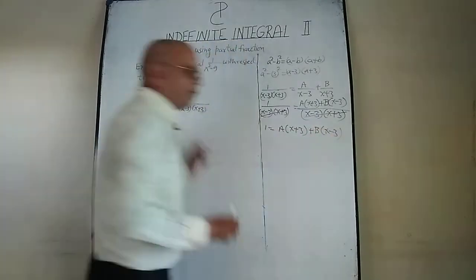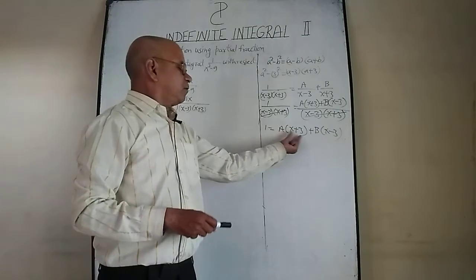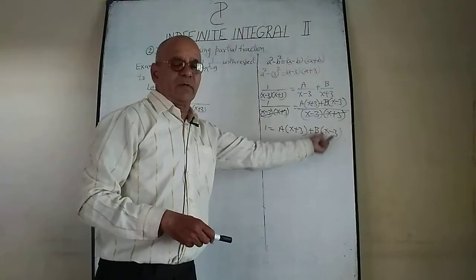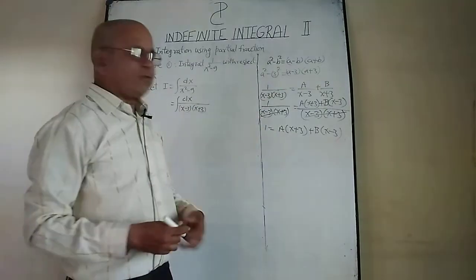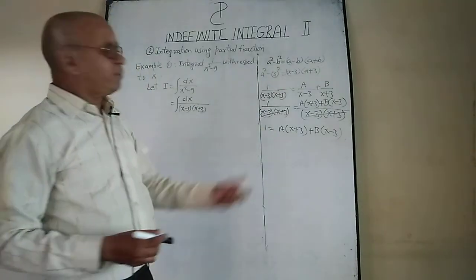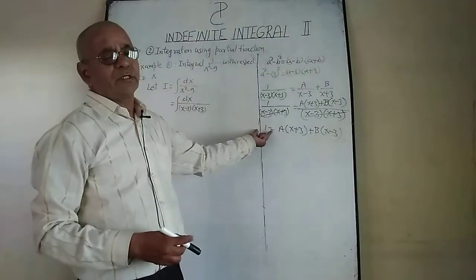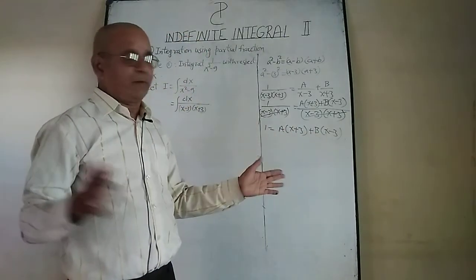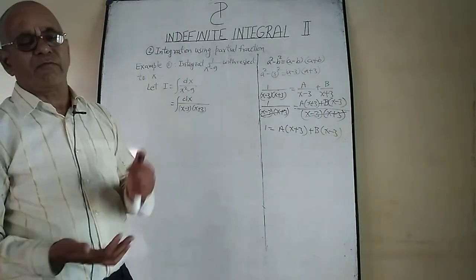There are two methods in this situation: take x plus 3 equal to 0 and x minus 3 equal to 0 separately and find the values. That is also easy, there is no problem. But I am using the method of comparing coefficients, and comparing the coefficients we find two equations, because there are two constants, and we solve using any standard method.